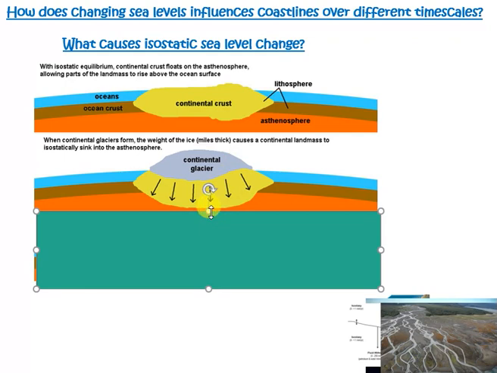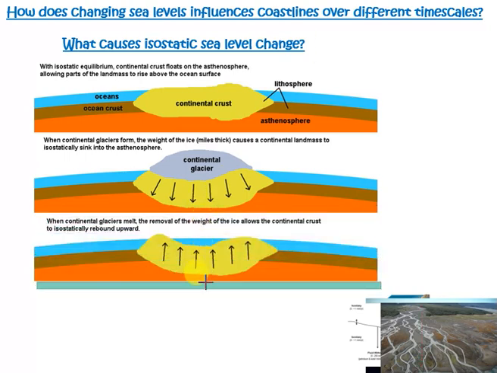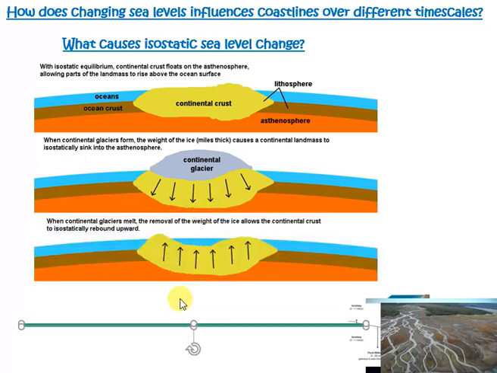At the end of the last ice age, roughly 10,000 years ago, when the ice melts and the weight's removed, physics tells you that if you push down on a spring, like in this example, and you remove that force, it's then going to spring back up. So when the continental glaciers and ice caps melt, the removal of the weight of ice allows the continental crust to isostatically rebound upwards.